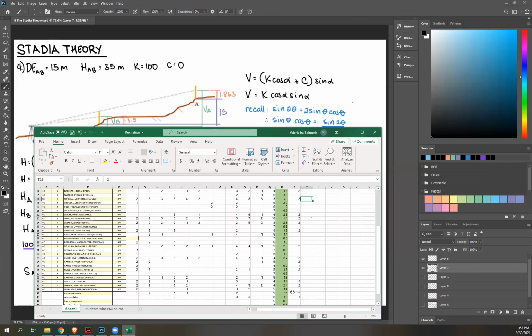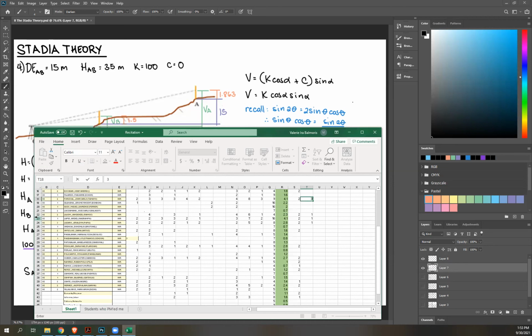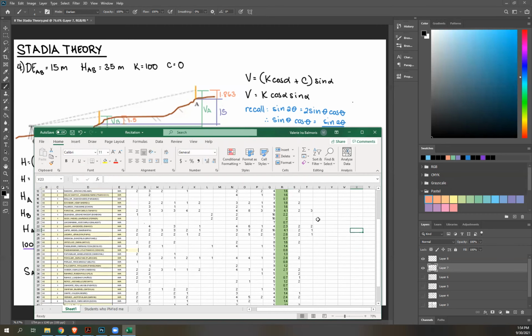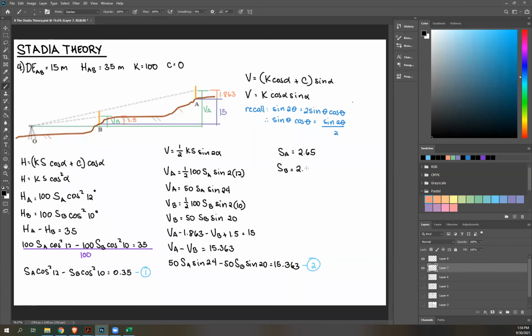Okay, correct, John. What about SB? So SA is 2.65. What about SB? Correct, Denzel. Who else? And Maro. Okay. So 2.26, correct. SB is 2.26. Oh, meters. And that's the answer. So that's it for number 4.